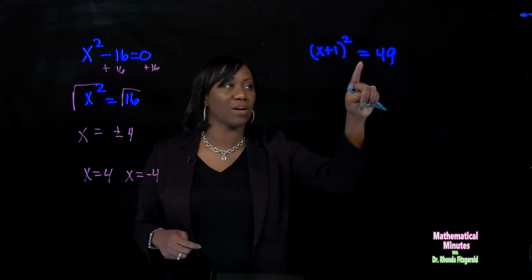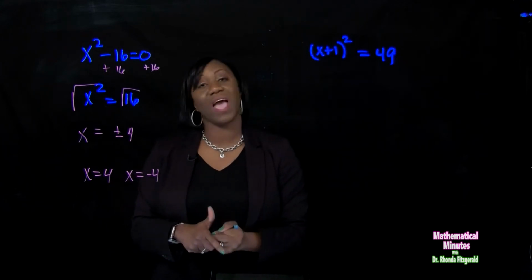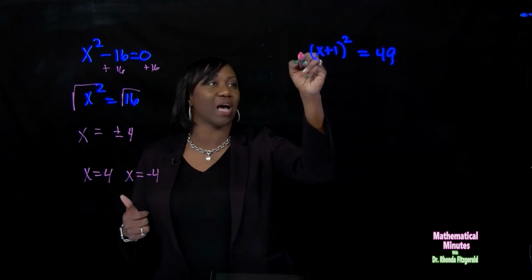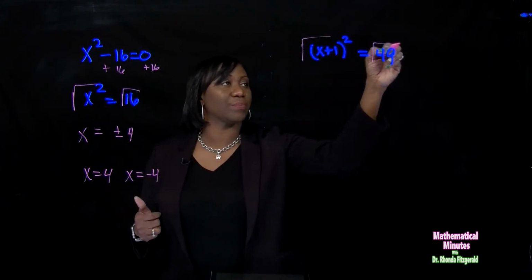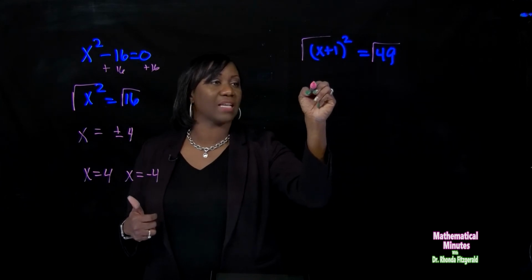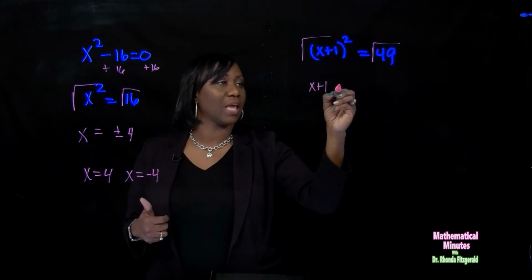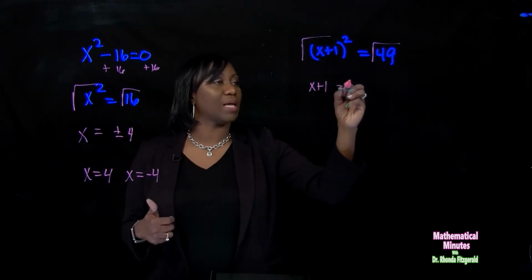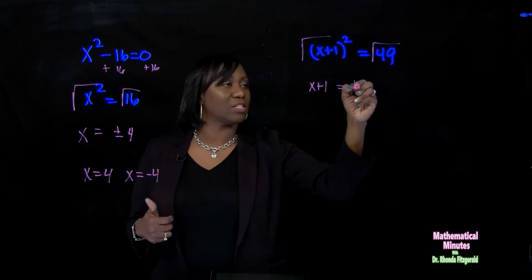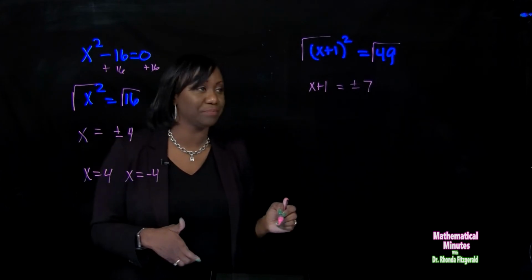So my next step is to take the square root of both sides. When I take the square root, on this side we end up with x plus 1 equals plus or minus the square root of 49, which is 7. So plus or minus 7.